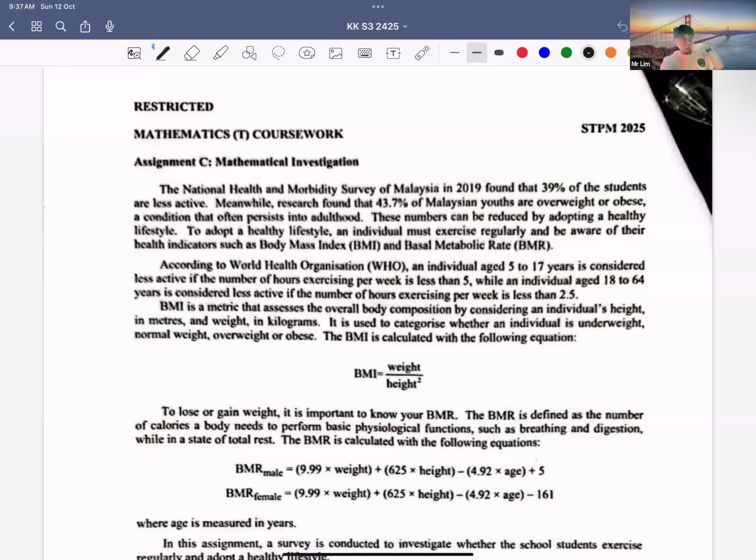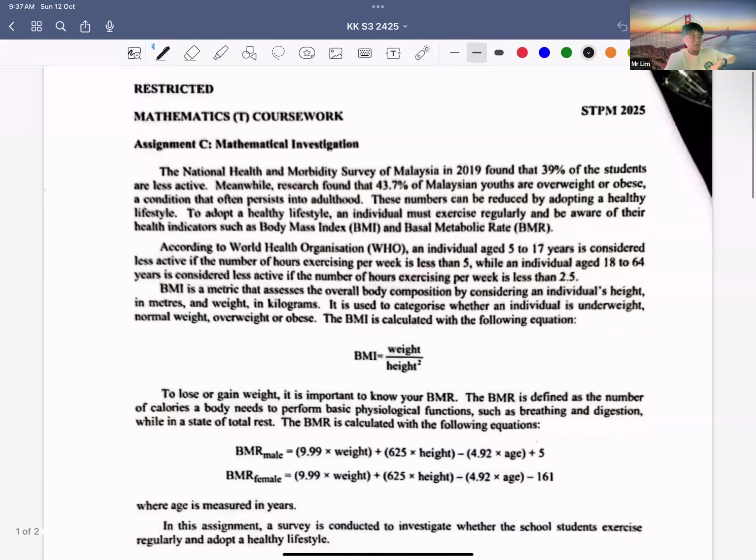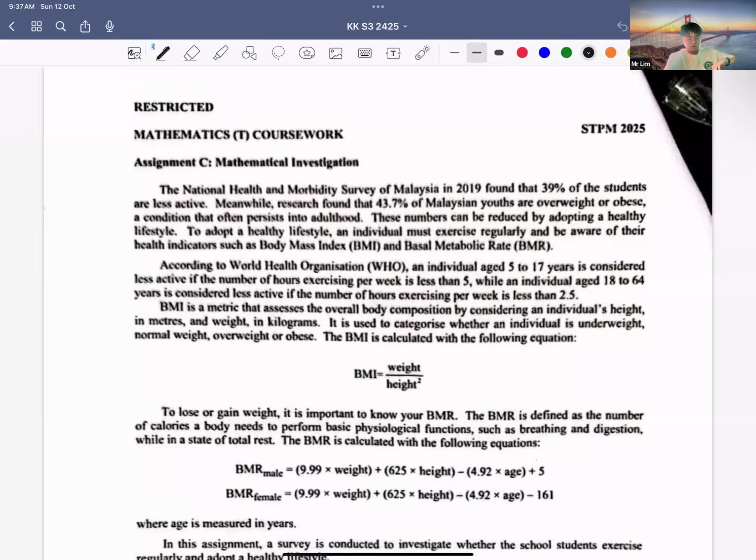Okay. So this coursework is statistics, and you need to basically use Excel to help you do a lot of things. Basically everything you have done, you can use Excel.